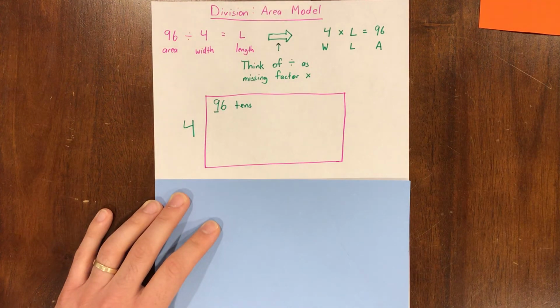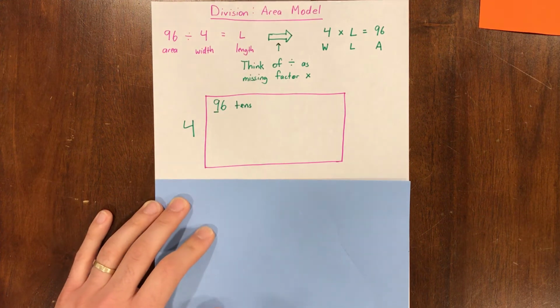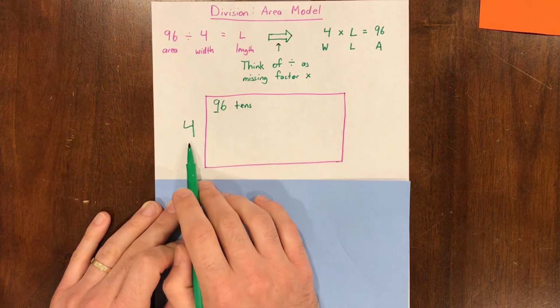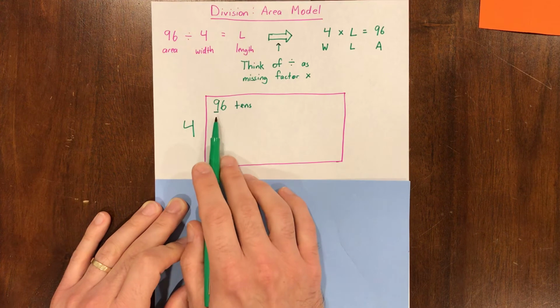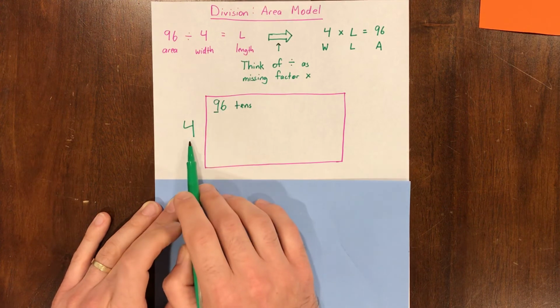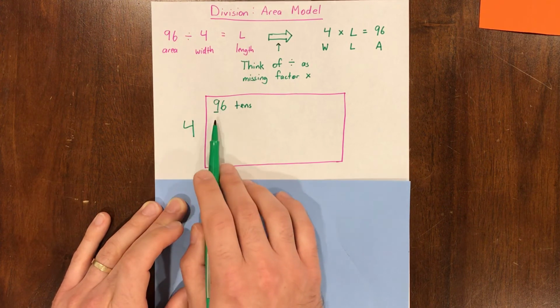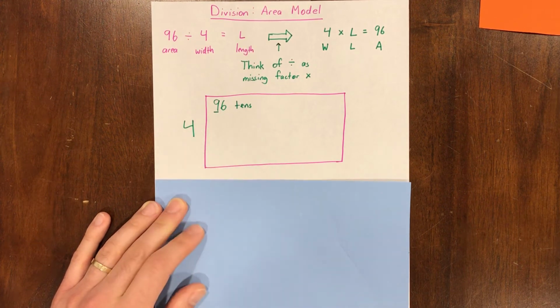Okay, so let's think. What factor could we multiply our divisor by to get this part of the area, to get these 9 tens? What could we multiply 4 by to get close to 90? Say it out loud.